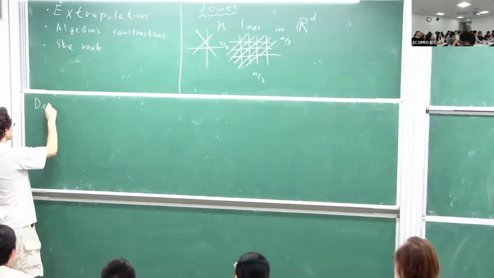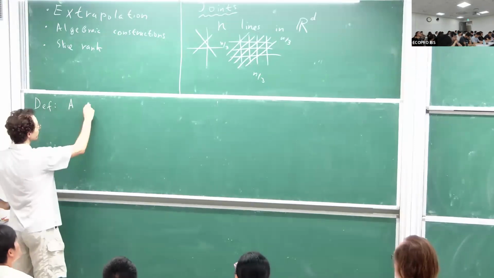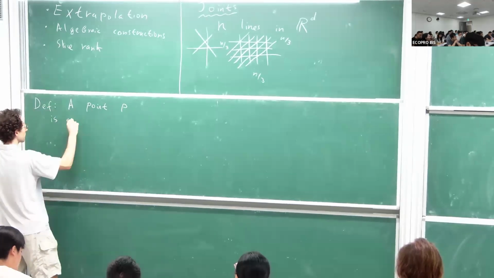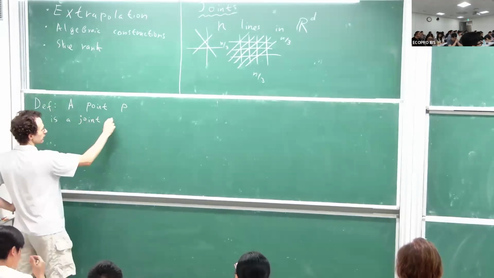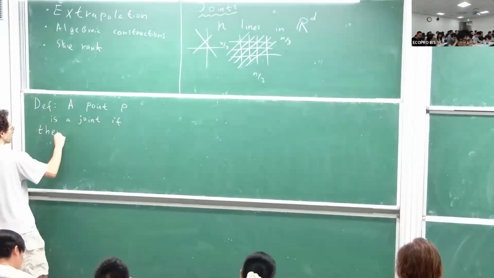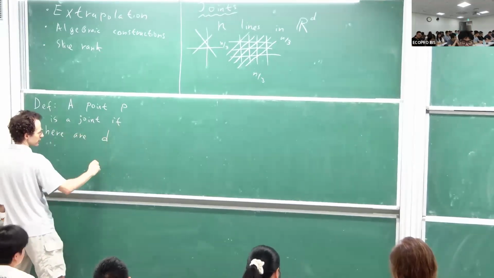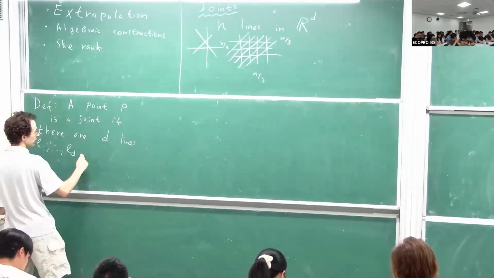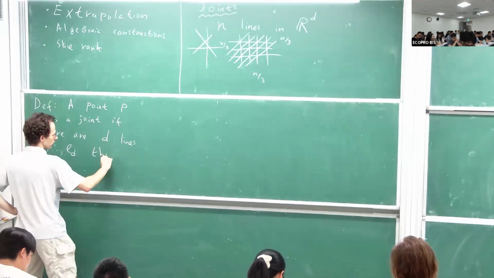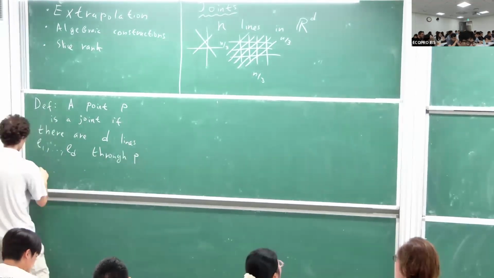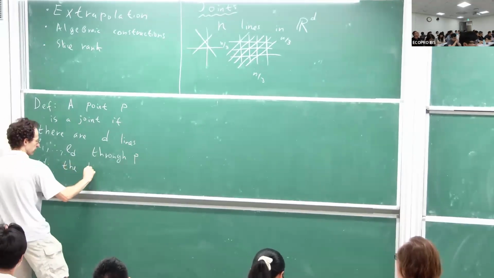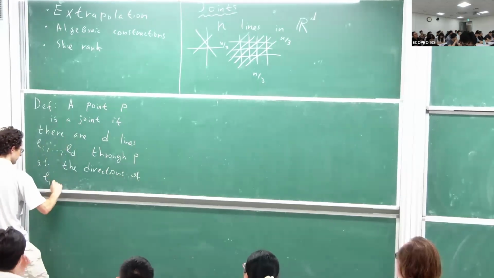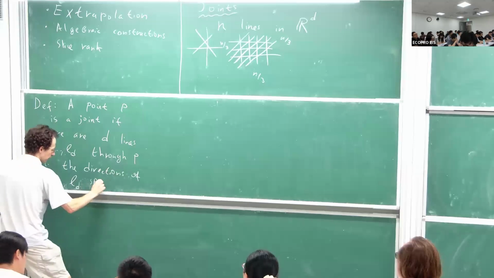Definition: a point p is a joint if there are d lines, L1 through Ld, through that point such that the directions of these lines span R to the d.